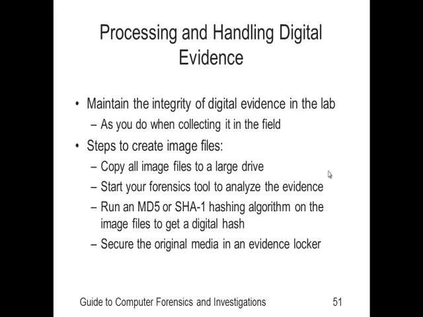Processing and handling digital evidence. You must maintain the integrity of digital evidence in the lab as you do collecting it in the field. The steps to create image files include copying all image files to a large hard drive, starting your forensics tool to analyze the evidence, running an MD5 or SHA-1 hashing algorithm on the image files to get a digital hash, and securing the original media in an evidence locker.